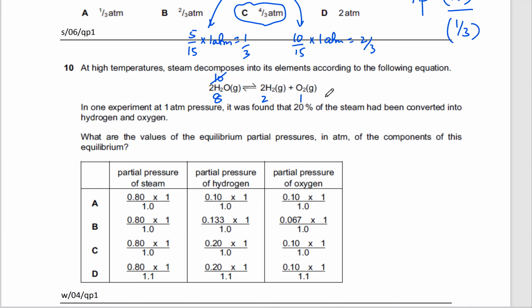Okay, that makes sense. You can now find the partial pressures. So it's going to be 8/11, right? Mole fraction multiplied by the total pressure, which is 1 atmosphere. This will be 2/11 times 1, 1/11 times 1. ठीक है? तो कौन सा answer is correct?